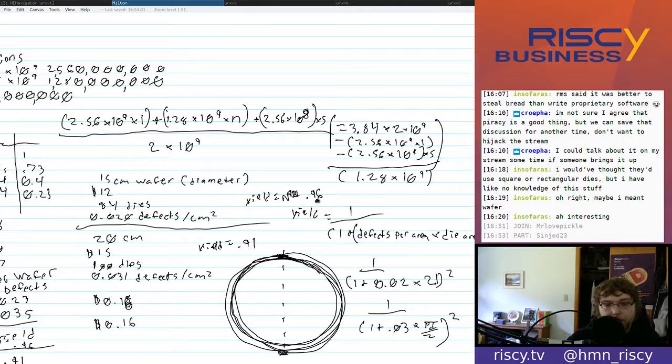So let's redo the cost per die for the first one yet again. So we know the cost per wafer is 12, and we're going to say 12 divided by 84 times 0.96. So that gives me 0.207 blah blah blah. So it should be 21 cents.